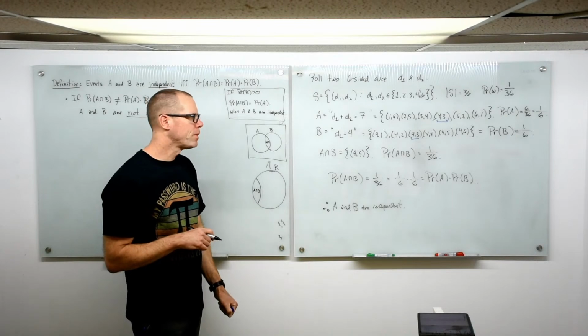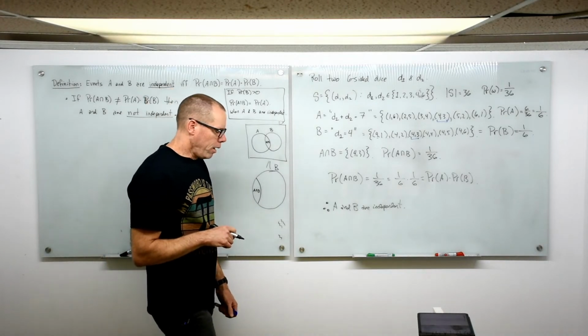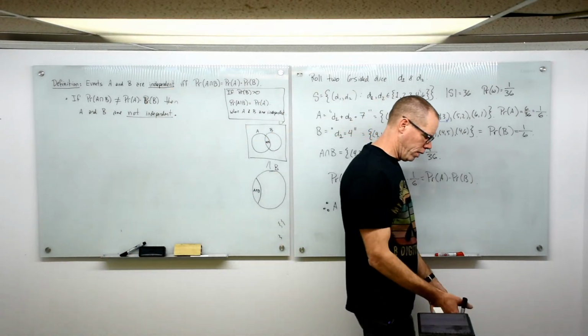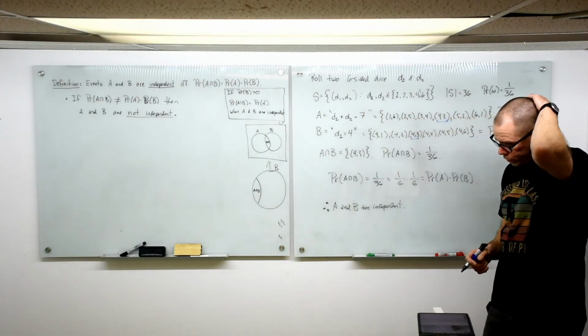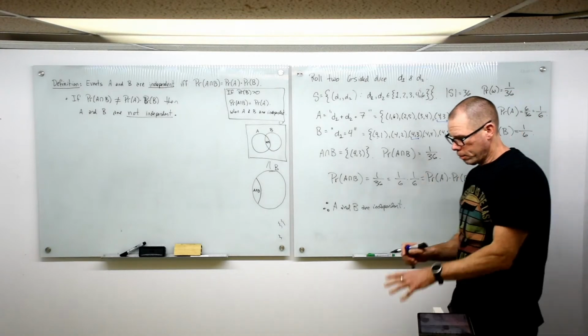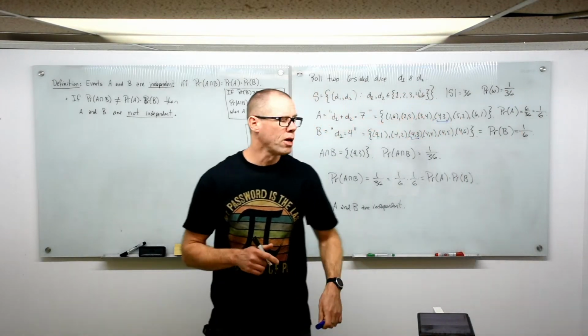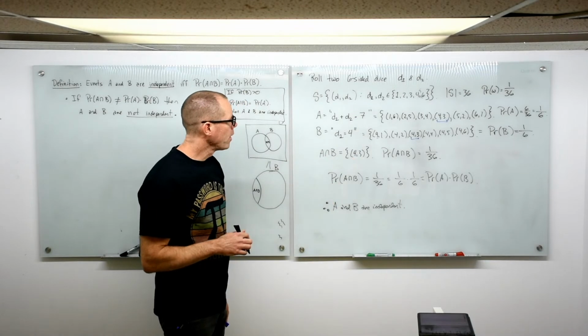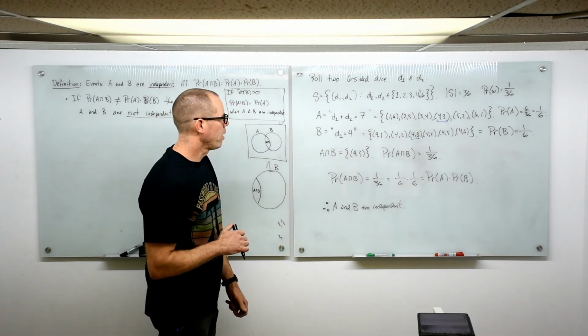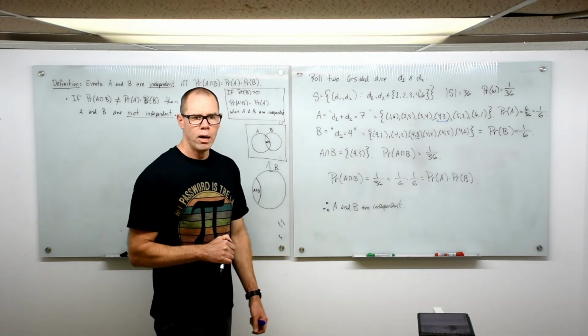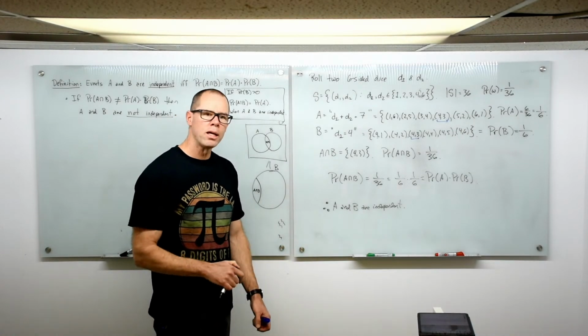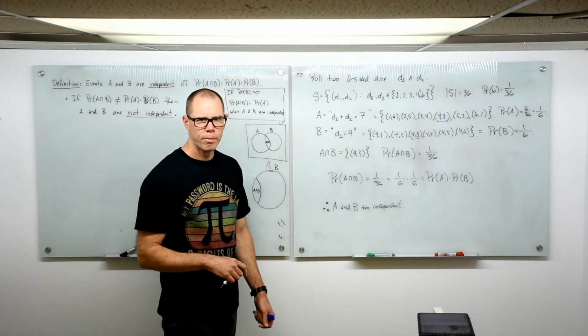Okay? So if I roll 2 dice hidden from you and tell you that their sum is 7, and I ask you, well, what's the probability that the first thing I rolled was a 4? You have no better chances of guessing than if I told you nothing.